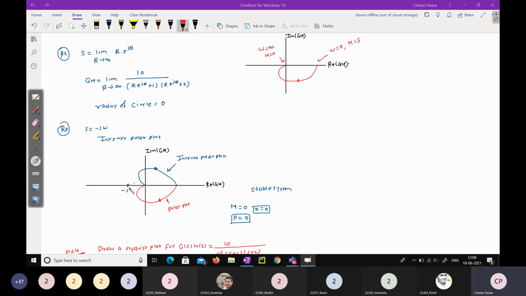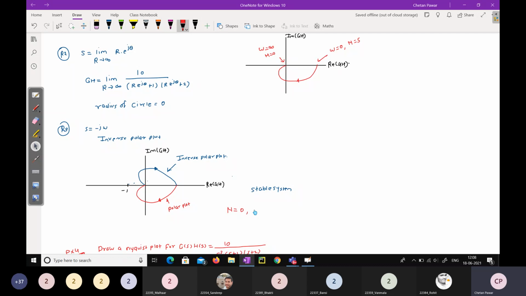You just need to determine the number of encirclement about the -1+j0 point. So what is the number of encirclement about the -1+j0 point? That will be 0 at this point. So N will be equal to 0 here.